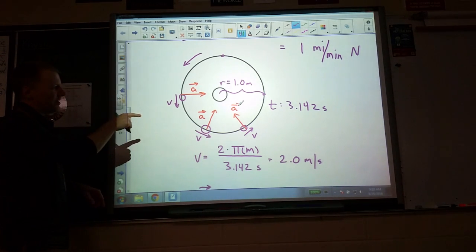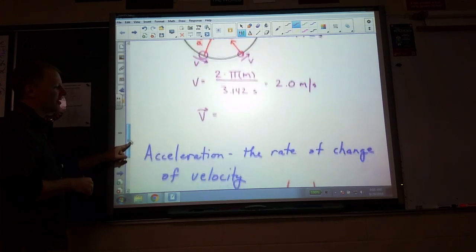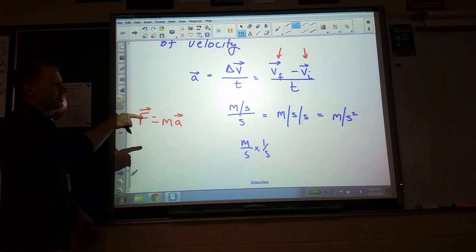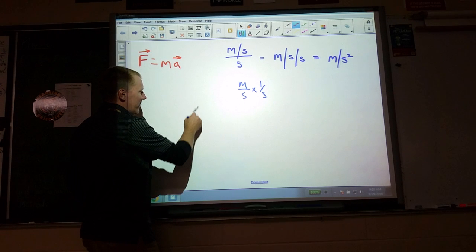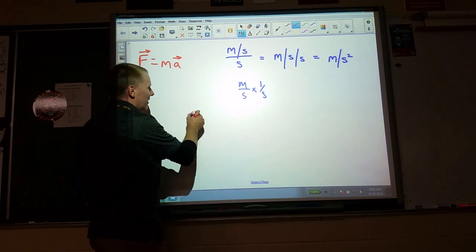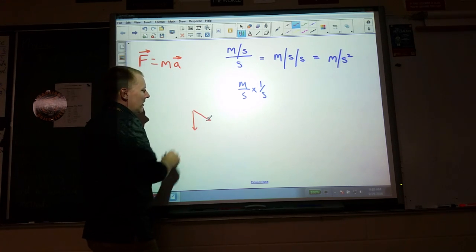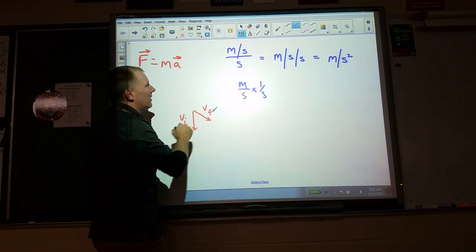Let's look at what this means based on what we said down with the definition here. If it's the change in velocity, let's take two velocities, one after the other. So I'm going to take my downward velocity, and I'm going to take my next one that was going to the right. Here's V initial, V final.